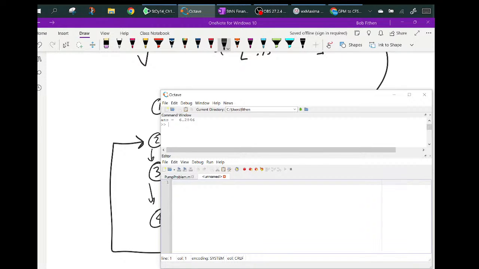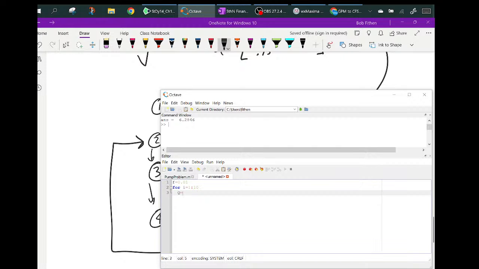So F is equal to 0.1. And then I'll do a loop, 10 iterations, for i equal 1 to 10. I'm going to do 10 loops here.